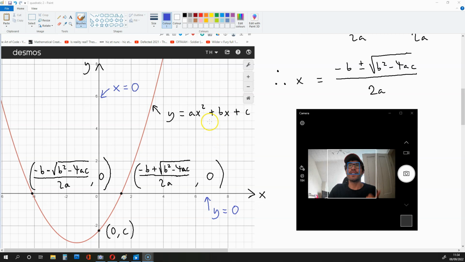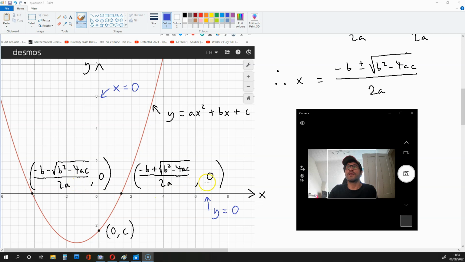So for this particular graph, when y is equal to 0, you're going to get the intercepts at x equal to minus b plus the square root of b squared minus 4ac over 2a, and minus b minus the square root of b squared minus 4ac over 2a.